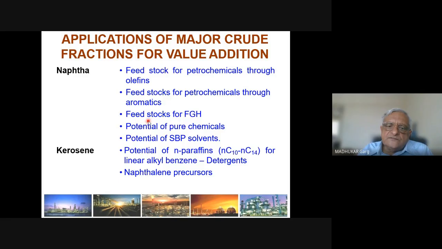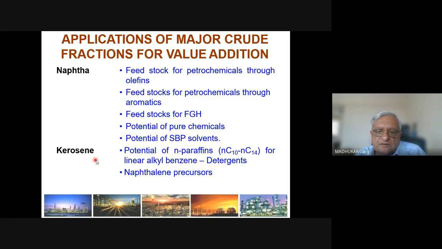This is also the feedstock to make food grade hexane, which is used for recovering vegetable oil from vegetable oil seeds. It is also used to produce pure chemicals like pentane, hexane, octane, etc., and various special boiling point solvents which are used in the paint industry.